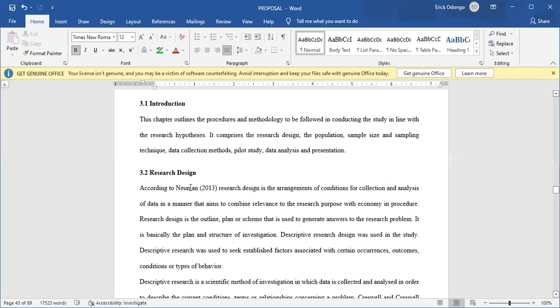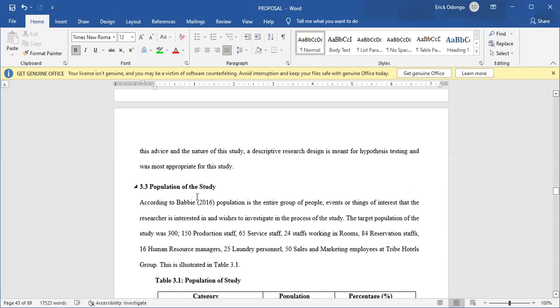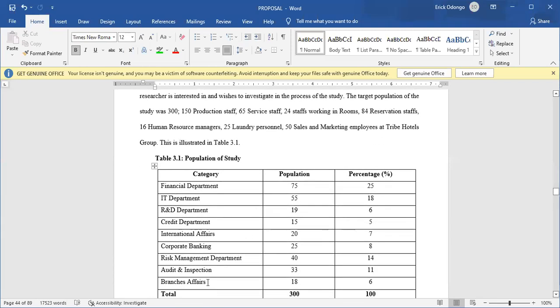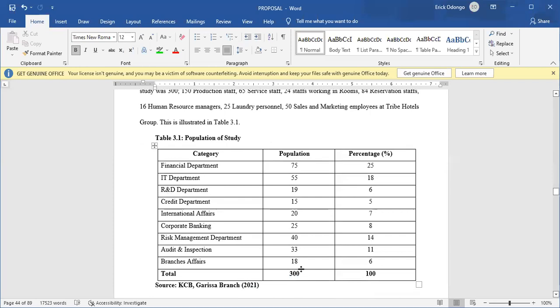So you have your research design, you have your population of the study. So from the population of the study, you will have, for example, in the organization, what departments will you be visiting? In my case, I visited financial department where I picked 75 people. IT department, I picked 55. In that order up to the last one, which the branch affairs, which had 18.